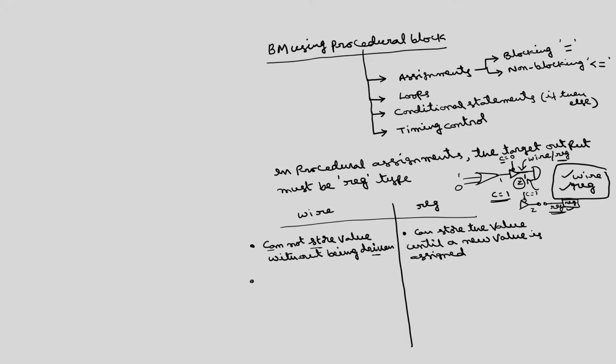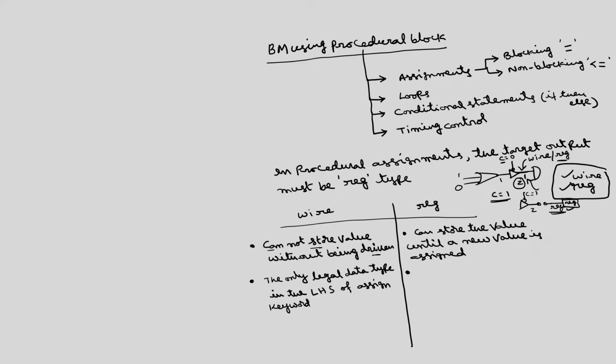And the second difference between the wire and register is that wire is the only legal data type in the LHS of the assign keyword in case of continuous assignment.